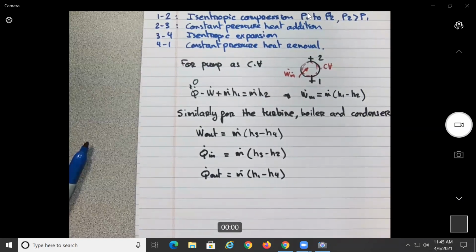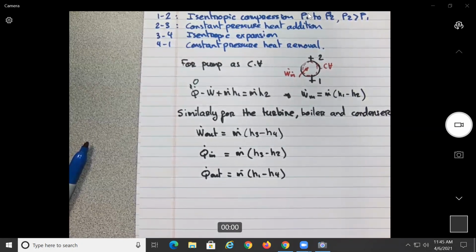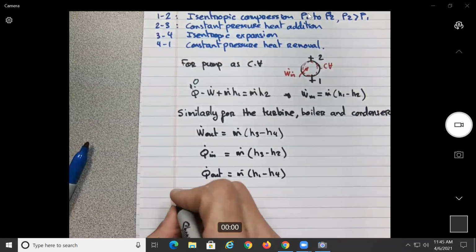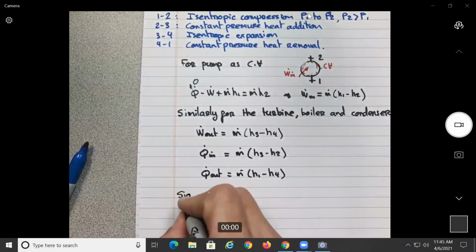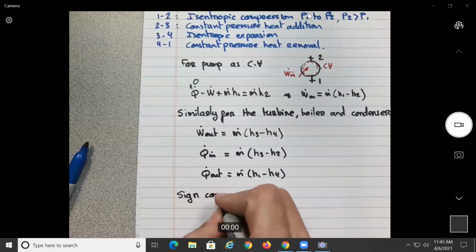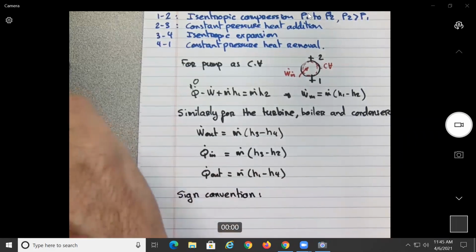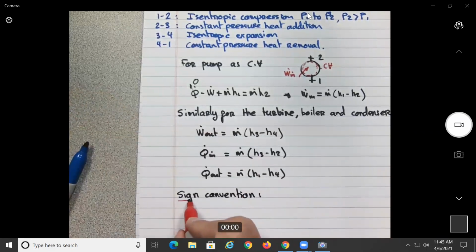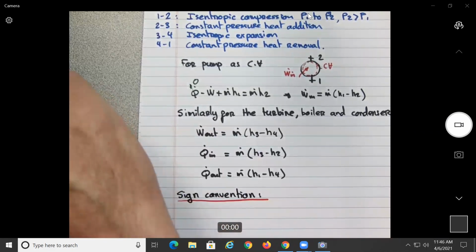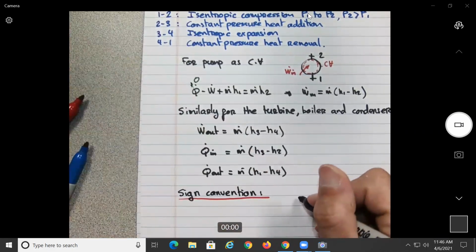Okay, so here's what I was keeping in mind as I was writing all this stuff. We need to be careful with the sign convention. Because you remember the textbook sign convention is what?